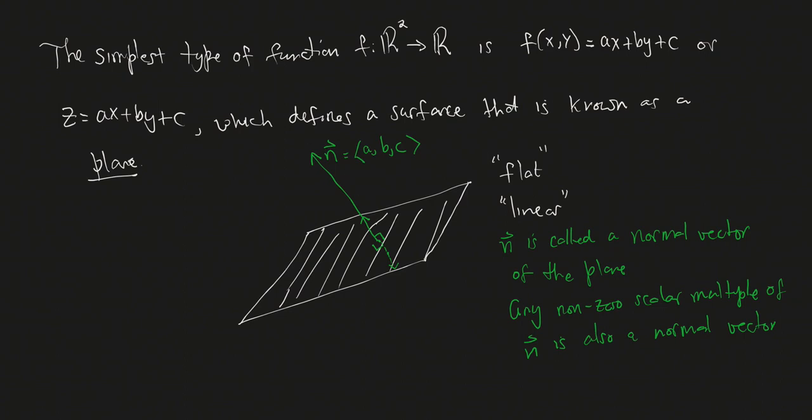This is going to be the point P0. It's going to be in the plane because this is a vector that initiates in the plane. So it's x0, y0, z0. And then suppose I pick any other arbitrary point in the plane.